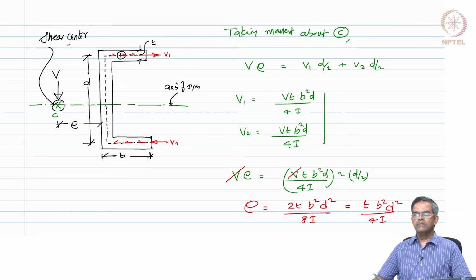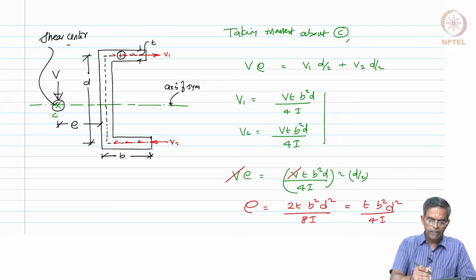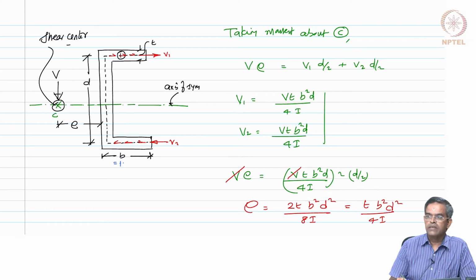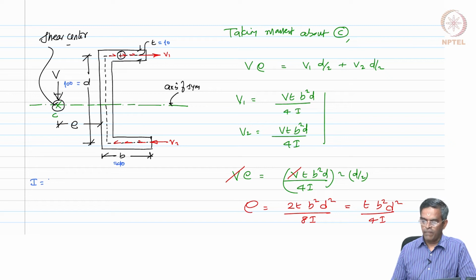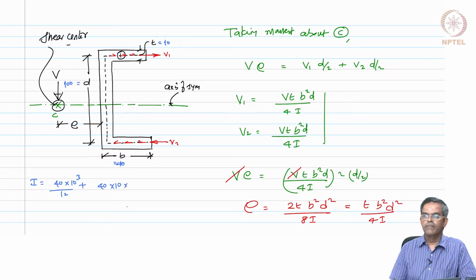So, for a given section, if I know these values, let us say for example, B is 40 and D is 100 and T is 10. So, I can find quickly I for this, which will be 40 into 10 cube by 12 plus 40 into 10 into 45 square.